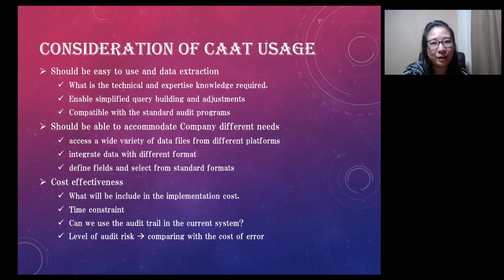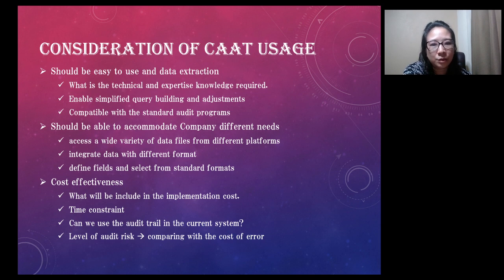Please check how long we need to implement the CAAT tool, and also check the system activity file that already exists in the current system. If the current system already has an audit trail, or a log activity file or something similar, then maybe we can use it instead of building from scratch. So how can we leverage what we already have?